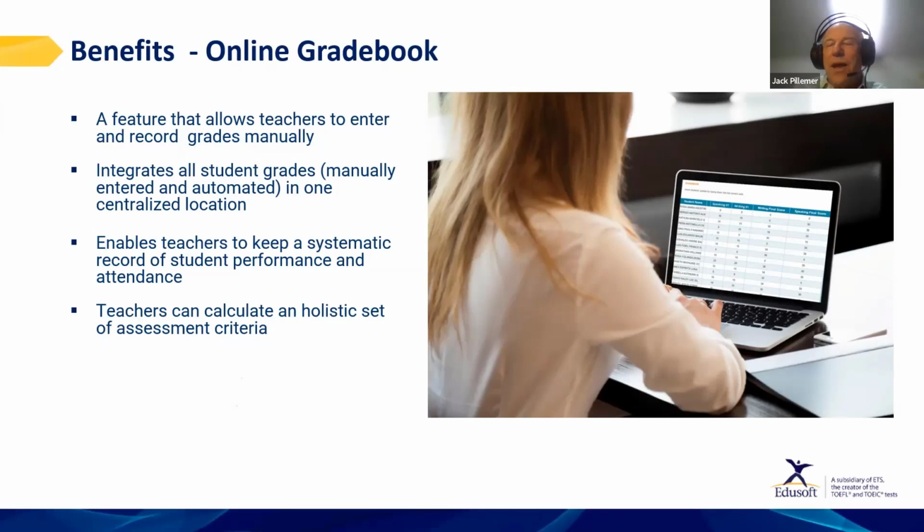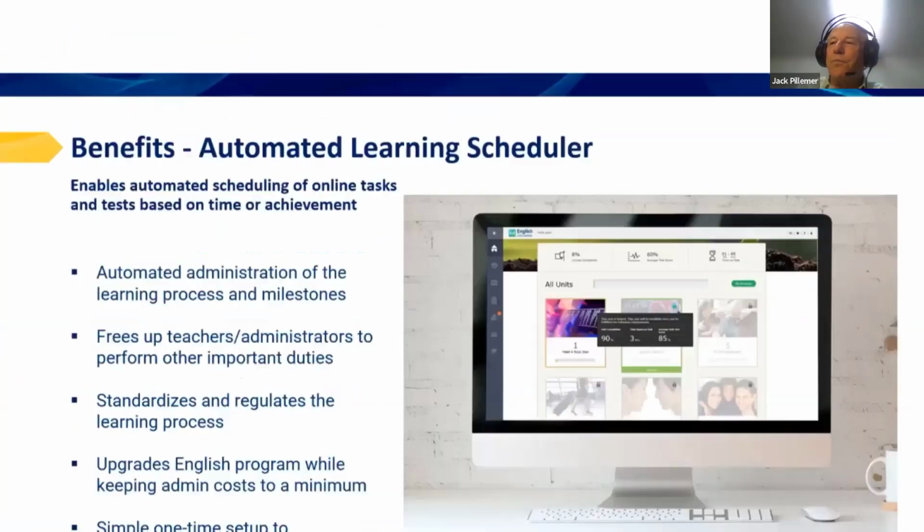But you may have, let's say, students doing a project or a presentation, and you want to give them grades for that. How do you include it in the system? Well, this allows you to put in grades manually, and it will mesh with the system. So that's the grade book. It enables teachers to keep a systematic record, and it integrates all students' grades, manually entered and automated, in one place.